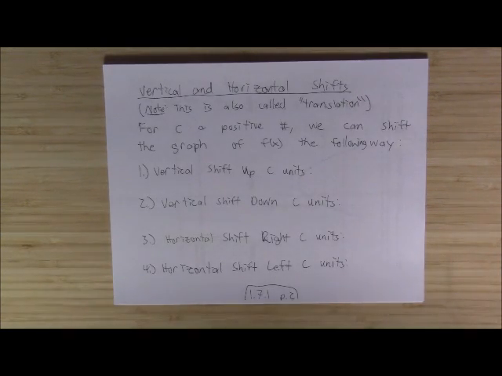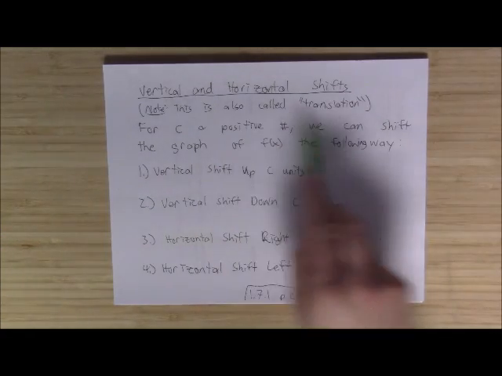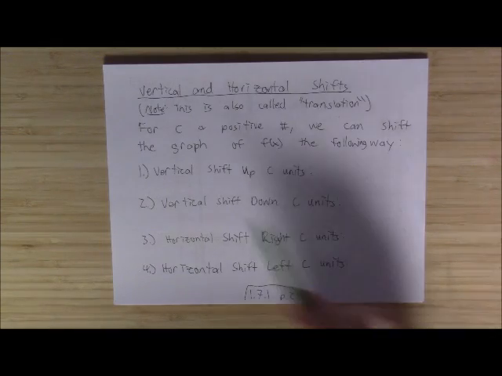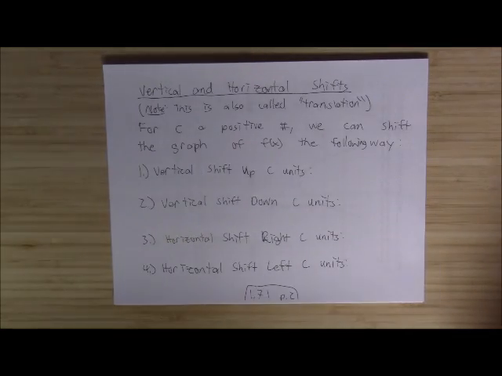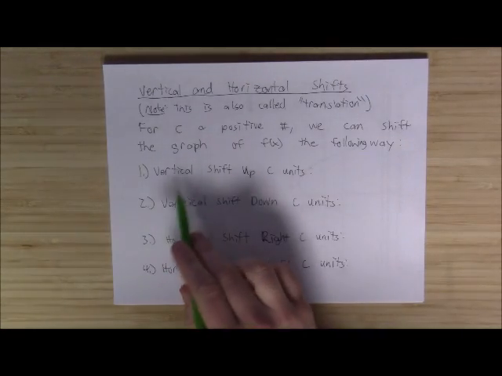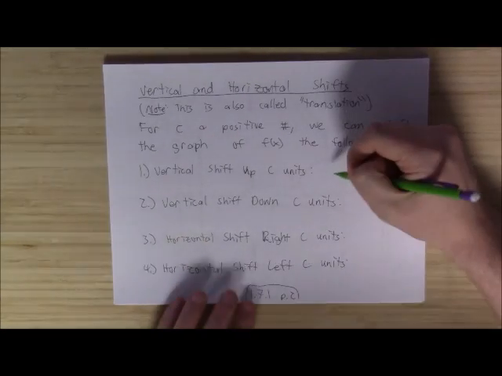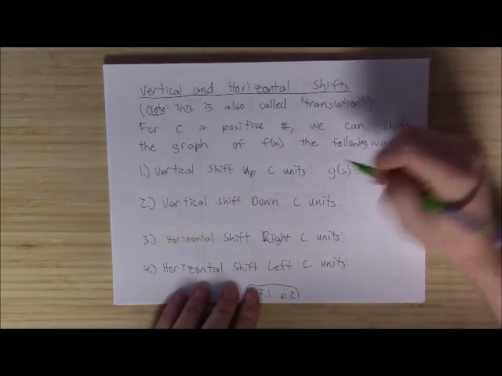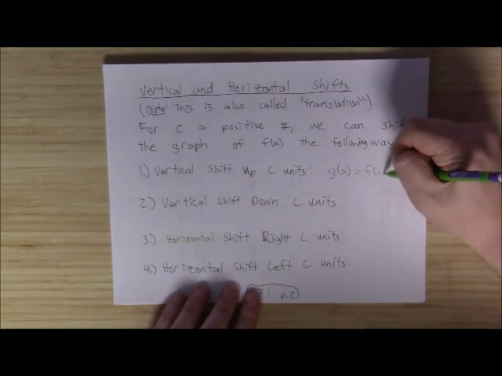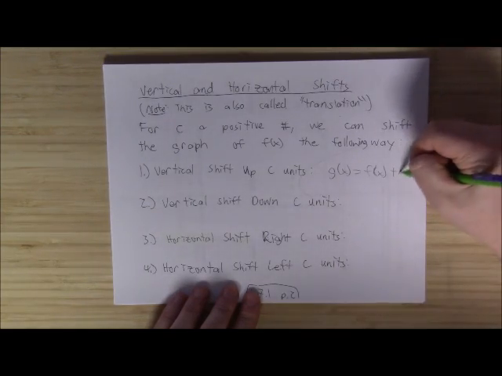Now, as far as vertical and horizontal shifts are concerned, which is our first type of transformation, these can also be called translations sometimes. For c, we're going to go ahead and let c be a positive number, and we can shift the graph of f of x the following way. We can vertically shift it up by c units, and that's by creating a new function where we took the graph of f of x and added c to it.